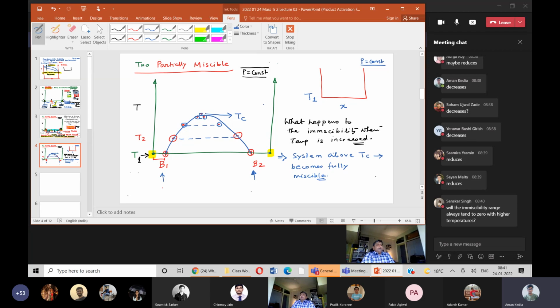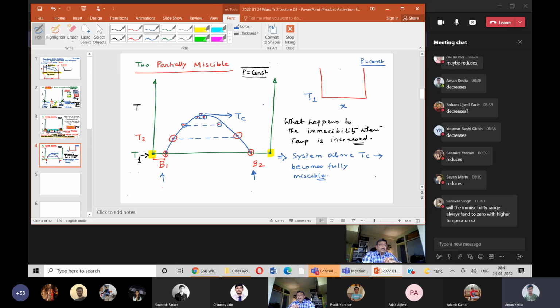So just hold on. This is a very common system. What you are asking, Shankar, is an exception to this. Yes, exceptions exist, just wait. But this is a very common system where at a particular temperature, the system is immiscible, right?